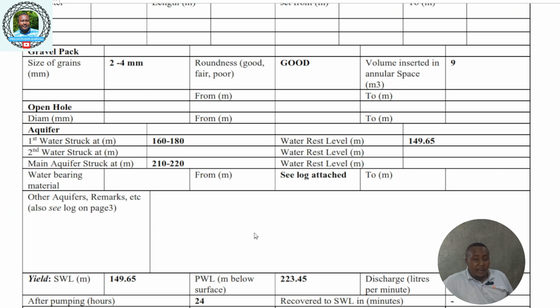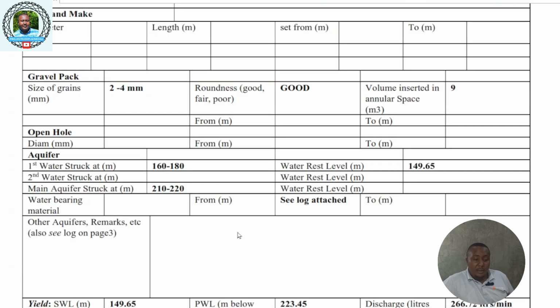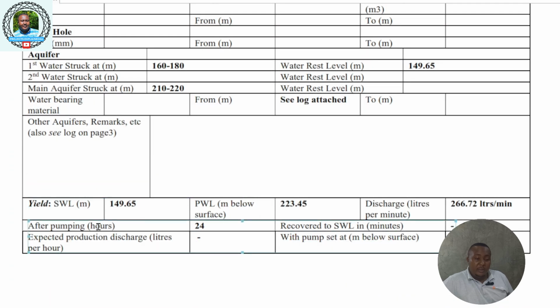Here, other aquifer remarks, you write here. Then there'll also be the yield. This is the static water level again, the same 149.64, indicated there. Pumping water level, this is the last reading of test pumping, 223.45. All these data you're going to confirm in the test pumping.